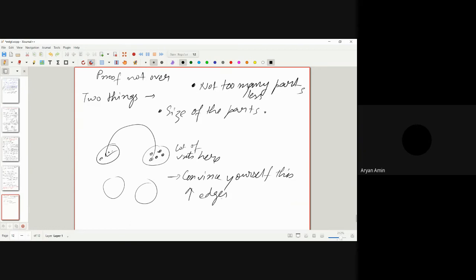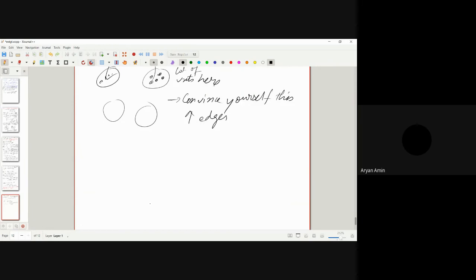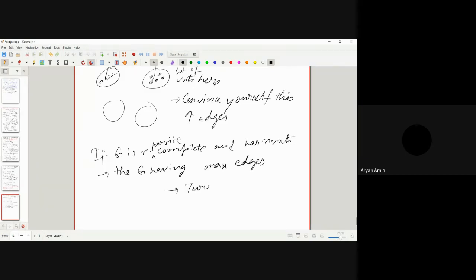Even if you try to do this, it'll boil down to the fact that we saw earlier, that if G is complete r-partite and has n vertices, then the G having max edges is the Turan graph. So the proof boils down to this fact really, which you can prove by AM-GM as discussed previously.